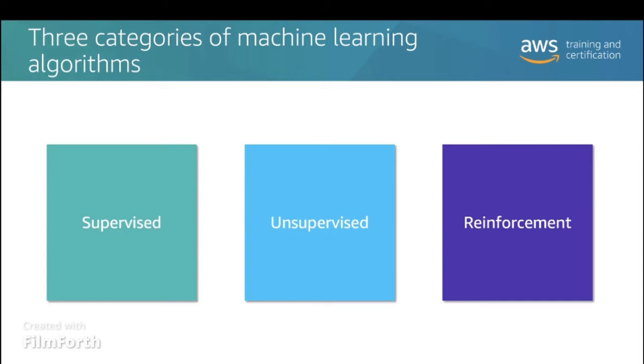There's reinforcement learning, where the model interacts with its environment and learns to take actions that will maximize rewards. And then there's deep learning, which is a subset of machine learning. These algorithms learn by using artificial neural networks. Again, it's important to know the types of machine learning because the type will guide you towards selecting an algorithm that makes sense for solving your business problem.